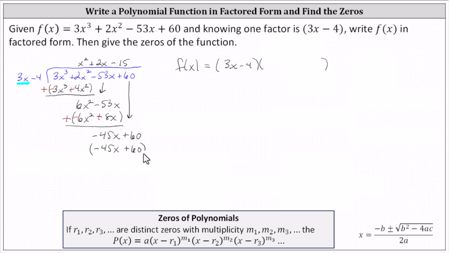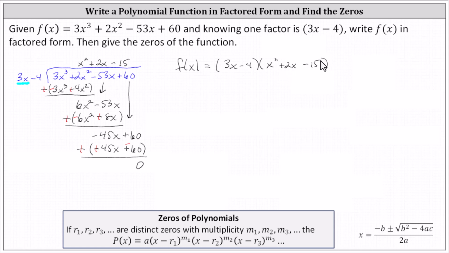And we subtract by adding the opposite. And notice we have a remainder of 0, verifying 3x minus 4 is a factor of the polynomial function, and also the remaining quadratic factor is x squared plus 2x minus 15.